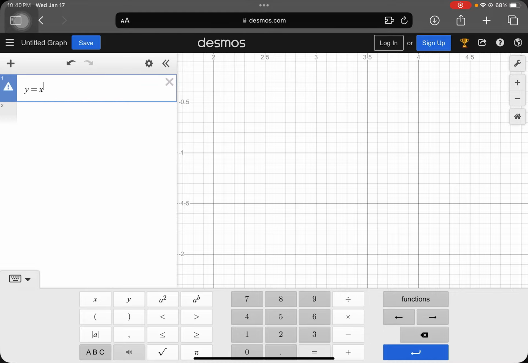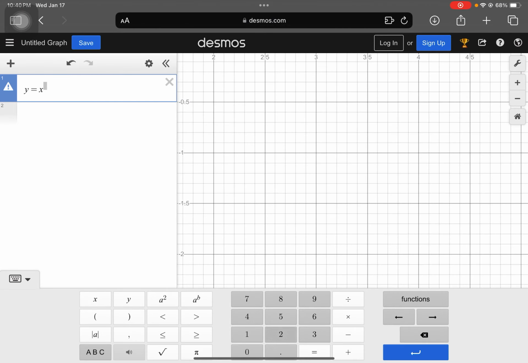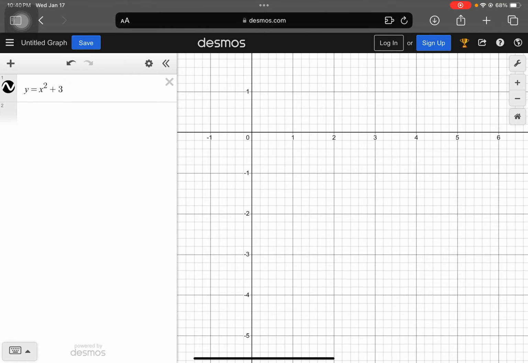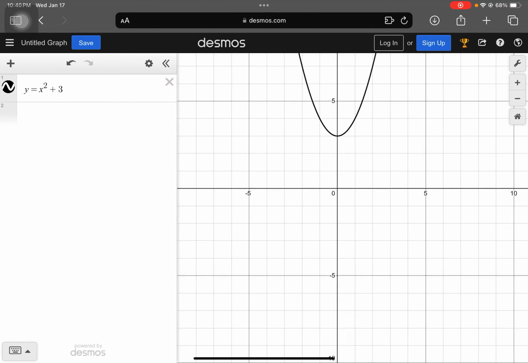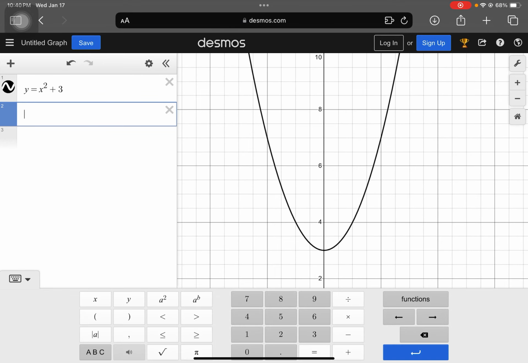Ay, x squared lang. Tama pala. X squared plus 3. Mapapansin ninyo, open up siya. Then, yung isa natin ay y is equal to x plus 1.